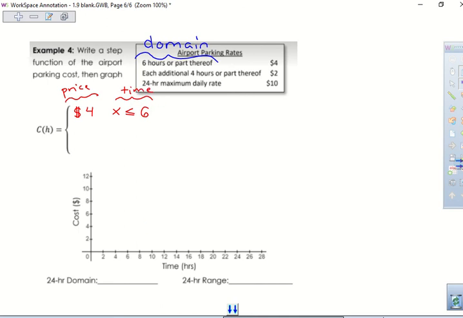So for each additional 4 hours of parking, you're going to pay $2. So what's the next step up from paying $4? $6, good. And how long can you park for $6?